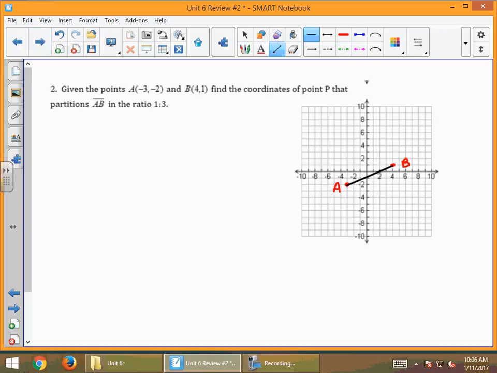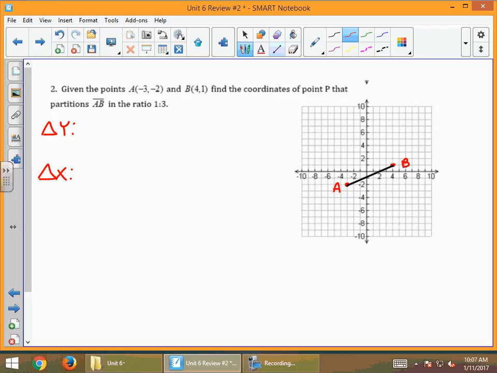Just like we've been doing, we're trying to find the change in y over the change in x. This is where we make that little triangle. Really what you're doing is finding the slope. If I'm going from A to B, I have to go up or down first because I'm doing y. How would you tell me to get from A to B? Where do I have to go?